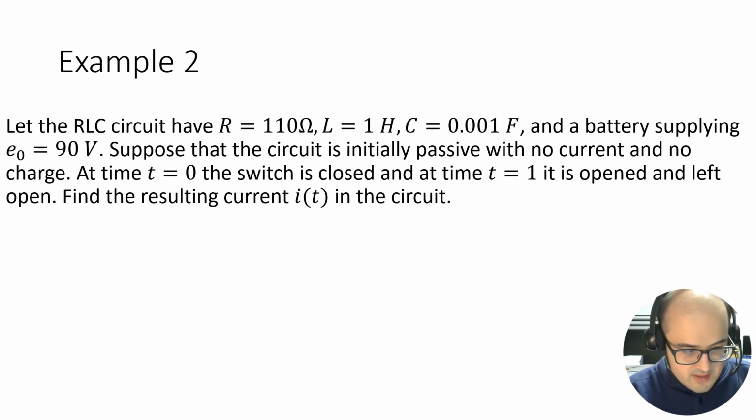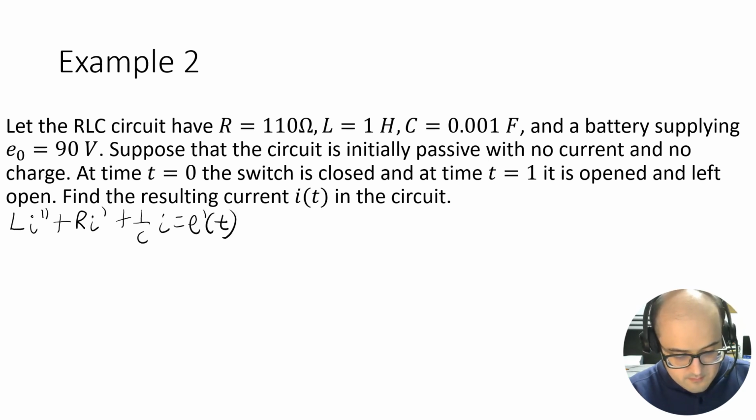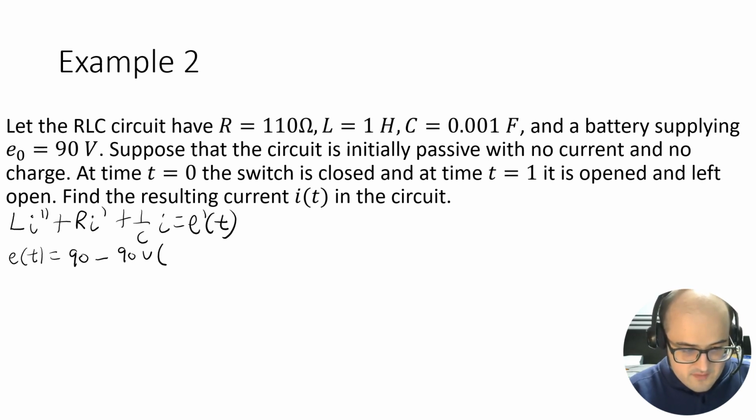So typically this equation is L times the second derivative of I plus R times I prime plus 1 over C times I equal to E prime of t. So E of t in this case is 90 minus 90 times u of t minus 1.